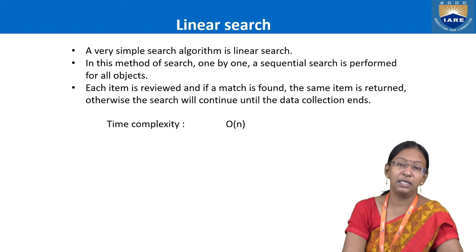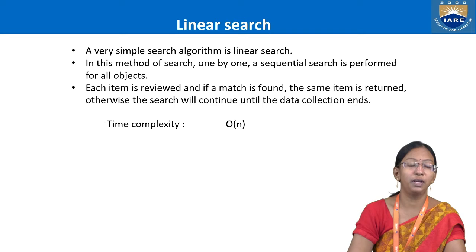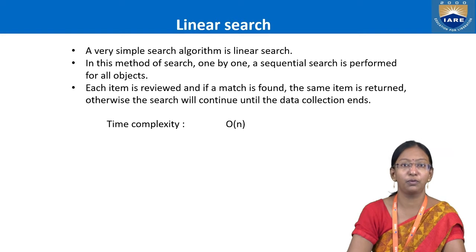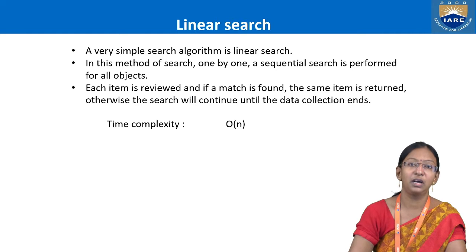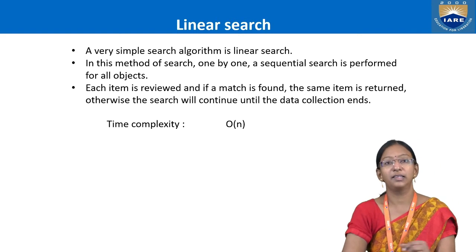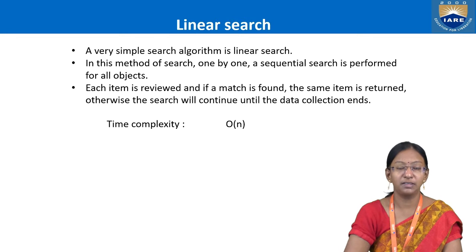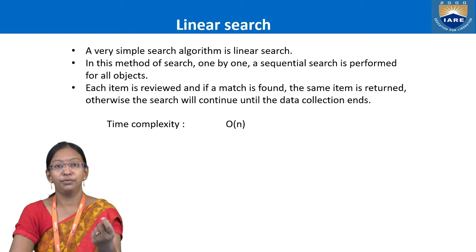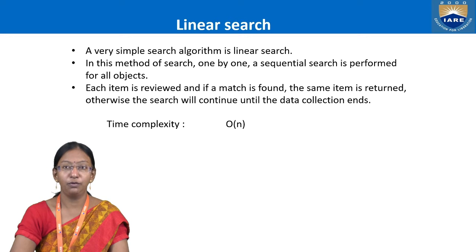So what do you mean by linear search technique? It is a very simple, straightforward searching technique in which we search the data sequentially, one after the other. For example, if n number of elements are there and I give you a key with some value x, search for it.